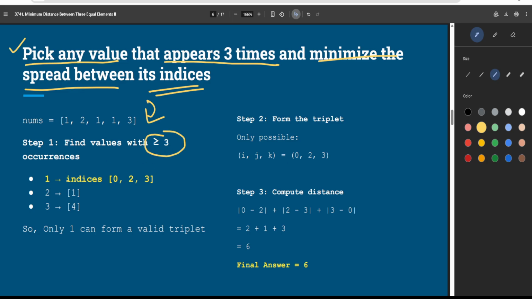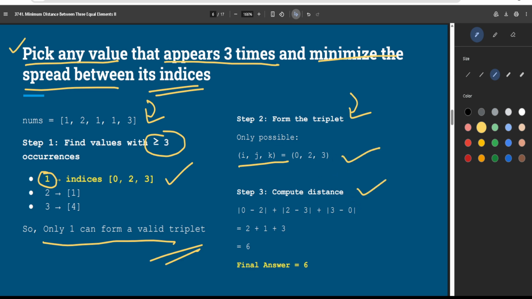There is only one element, that is 1. So if 1 is repeating at least 3 times, these are the indices we are talking about, 0 to 3. Only 1 can form a valid triplet. If we want to form the triplet, it can be i, j, k, which is 0 to 3. If we compute this distance, we'll get 6.